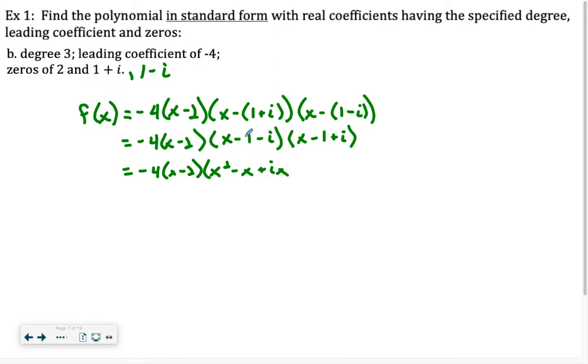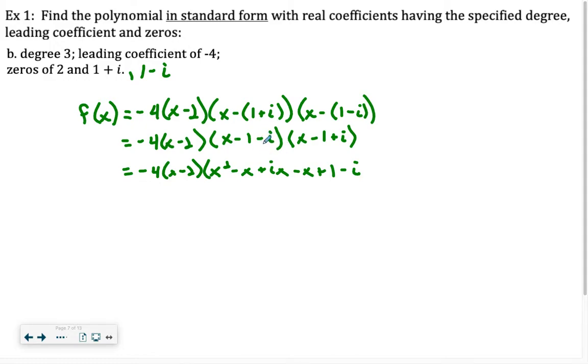Then take the negative 1 and multiply by everything. Right? So I will have negative 1 times x would be minus x. Negative 1 times negative 1 would be plus 1. And negative 1 times i would be negative i.